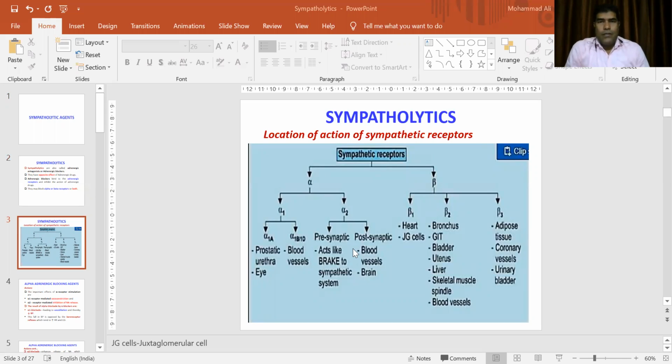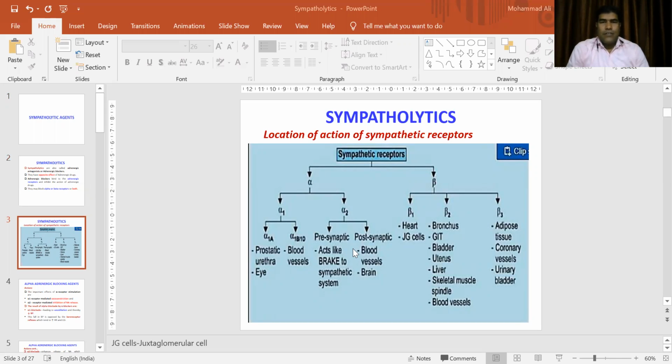Now coming to the location of action of sympathetic receptors. Sympathetic receptors are alpha receptor and beta receptor. Alpha receptor again has alpha 1 and alpha 2 receptor.